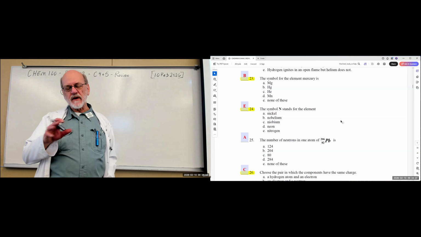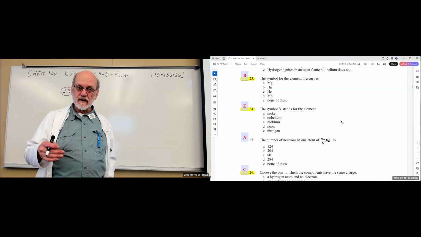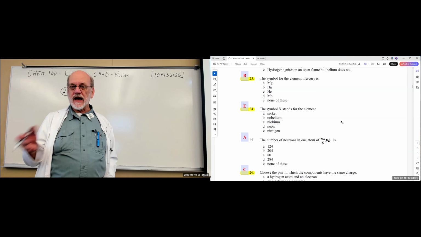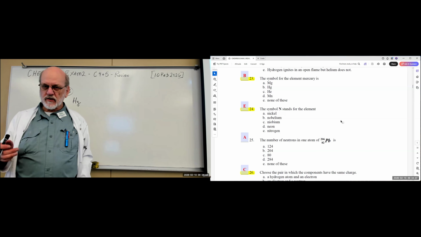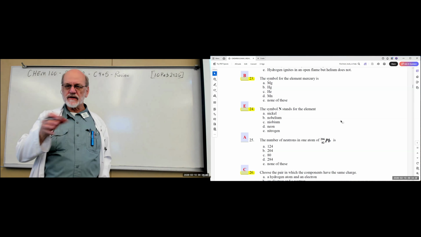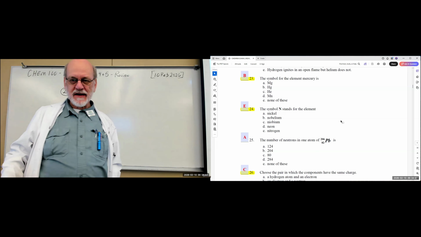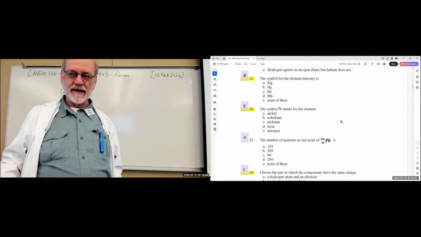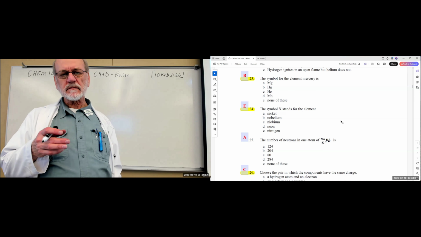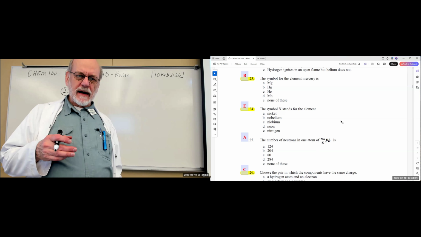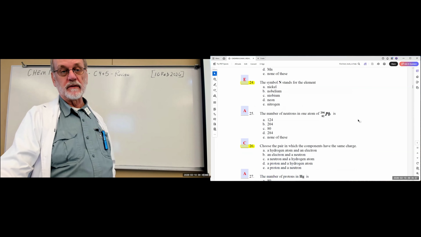Since mercury is the only liquid metal at room temperature, they used hydro because water is liquid at room temperature too. So mercury is a second cousin to water in the mind of the early 17th century. So enough said about that. I would just memorize the symbol.